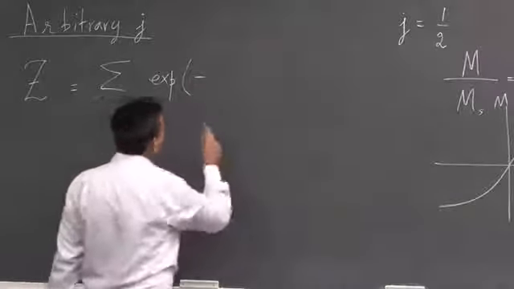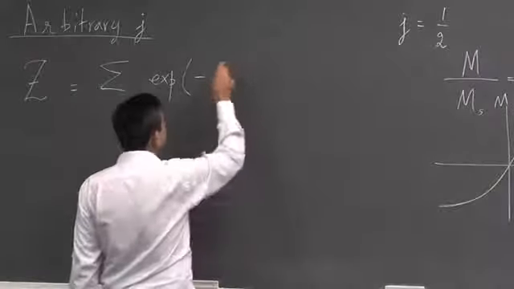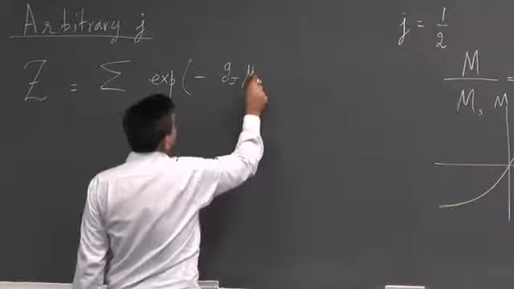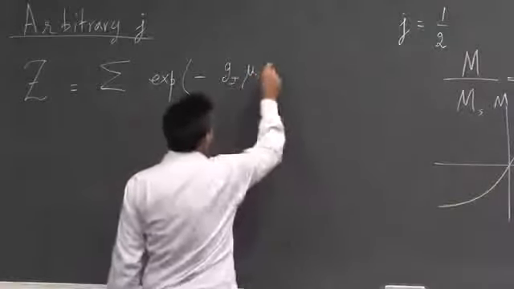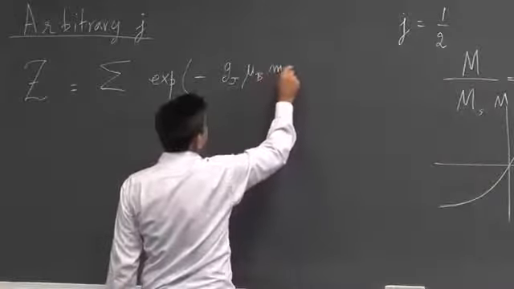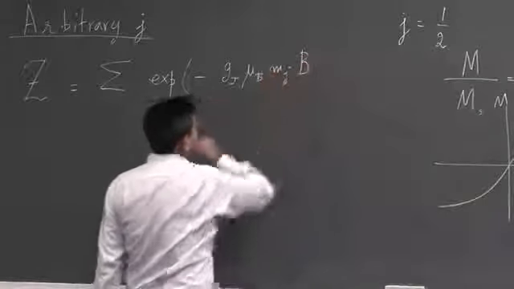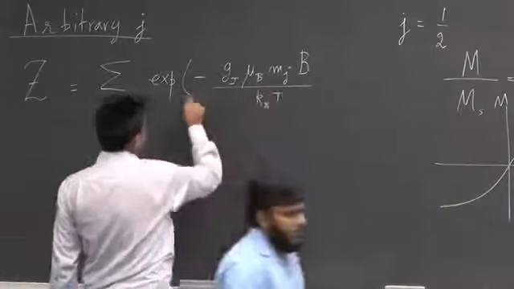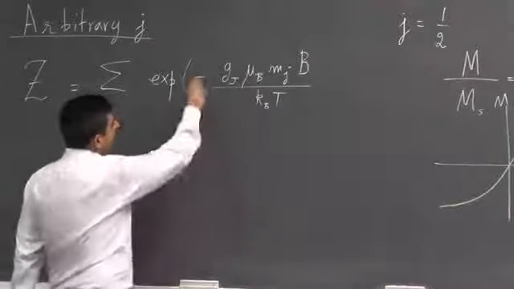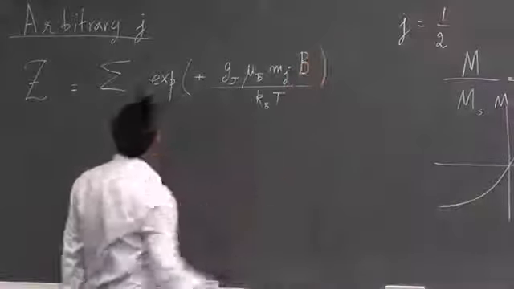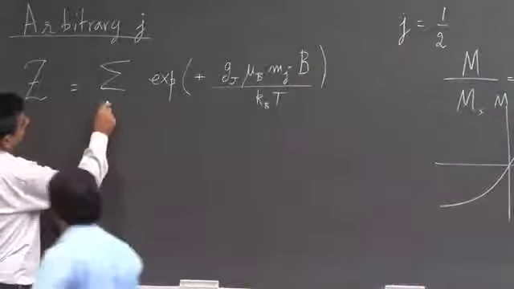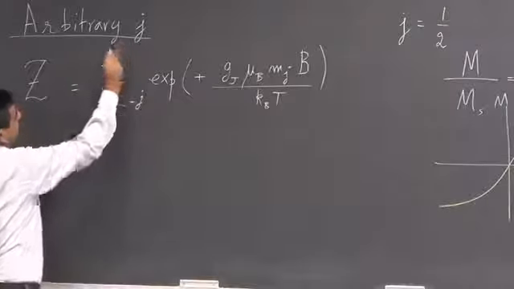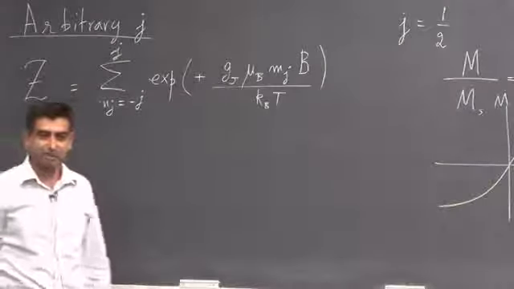And the energies are given by minus of g_J mu_B m_J B, where B is the field, divided by kT. And the two minus signs interact to give you a plus sign here. So you find this sum over m_J from minus J to plus J. This gives you the partition function.